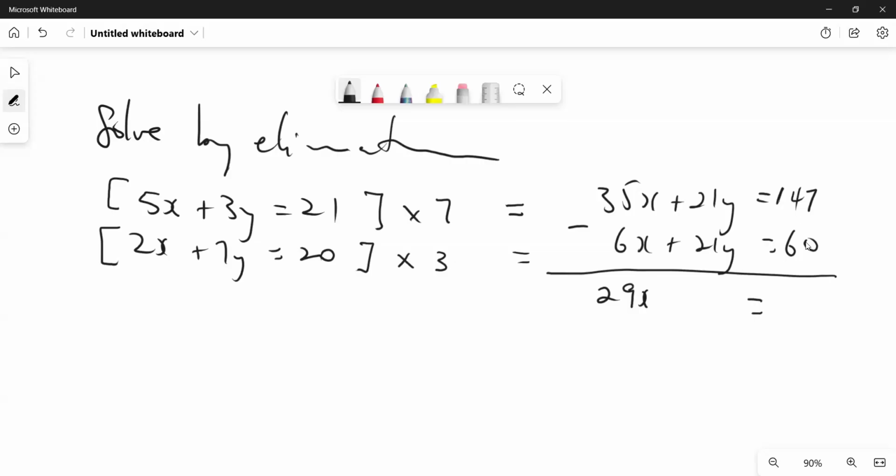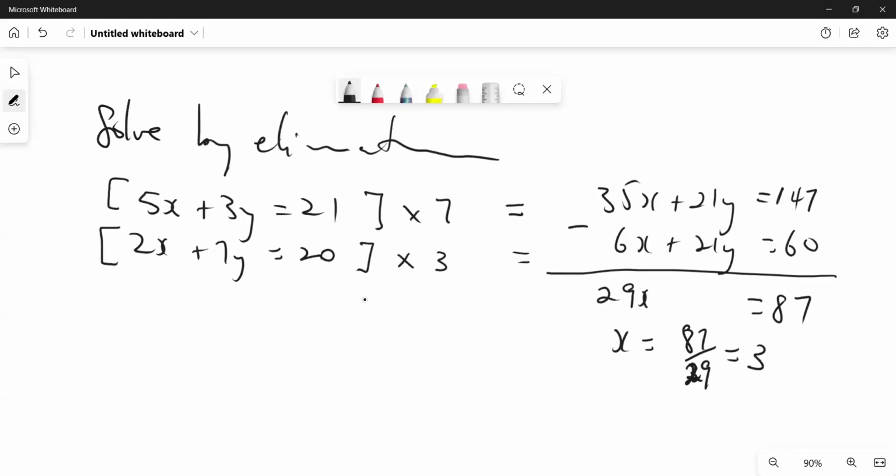And 60 from 147, how much do you get here? 87. So this tells you that x will be 87 over 29, which is equal to 3. So we got x equal 3.